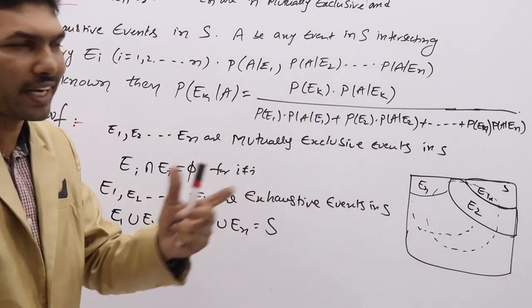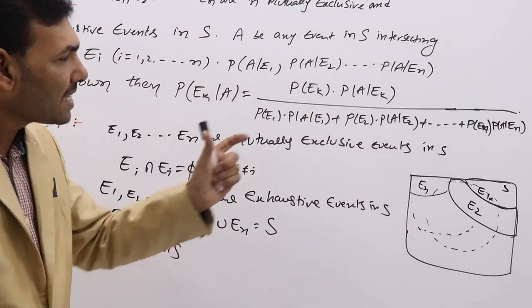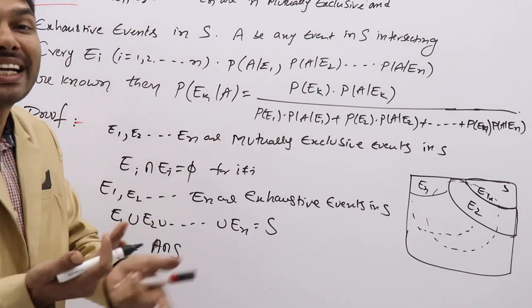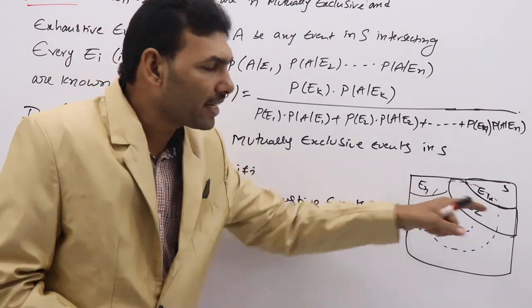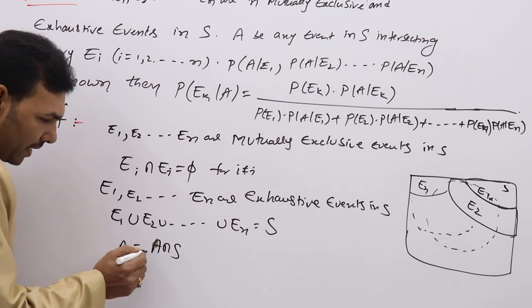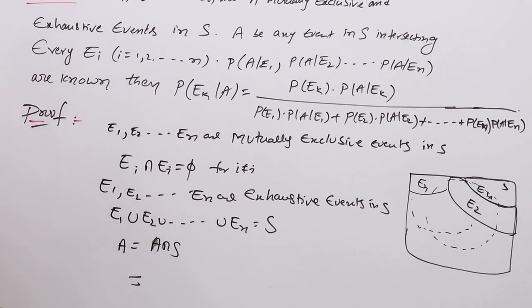S is the universal set. So A intersection S will be A, B intersection S will be B, E1 intersection S will be E1. Like that, we can write A as A intersection S.